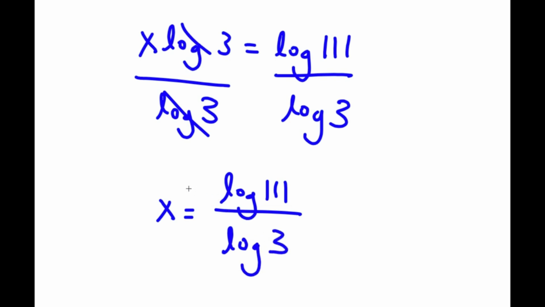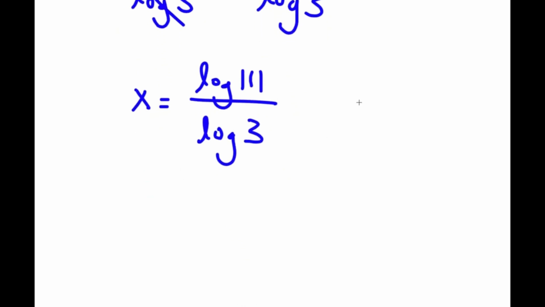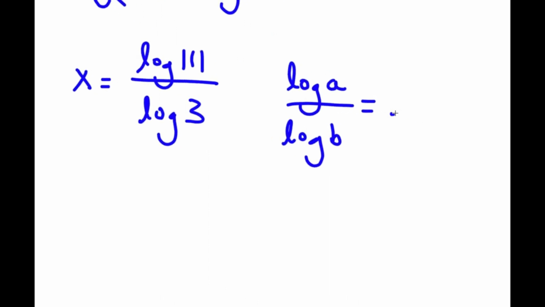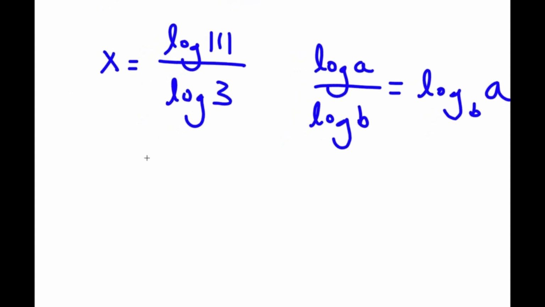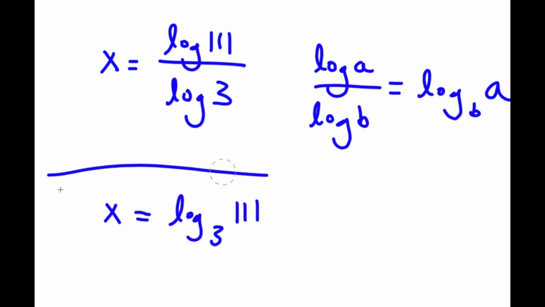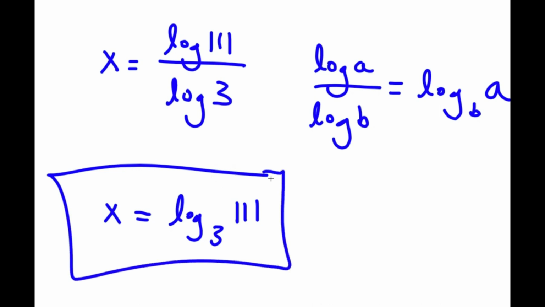Now, if I have something in the form log a over log b, this is simply equal to log base b of a. So in this case, I have log 111 over log 3, and I can write this as log base 3 of 111. So this is my answer.